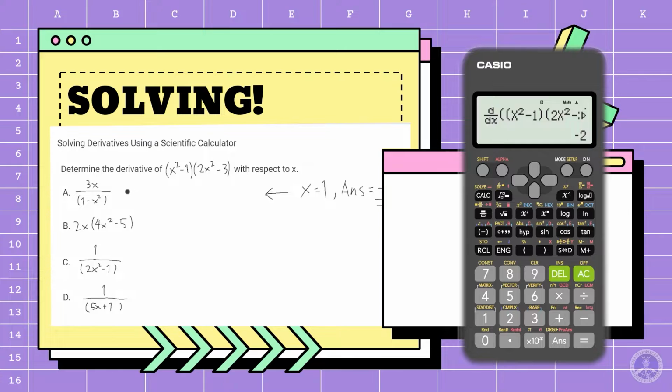So beginning with letter A, 3x over the value of 1 minus x squared, let's substitute that. 3 times 1 over 1 minus 1 squared. There we go. Now let's calculate that.